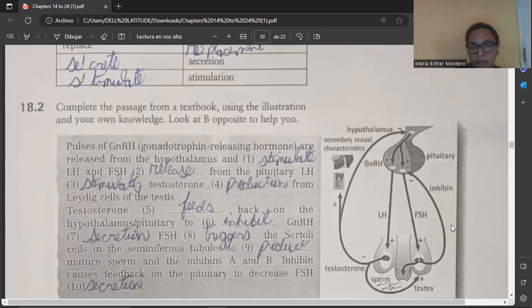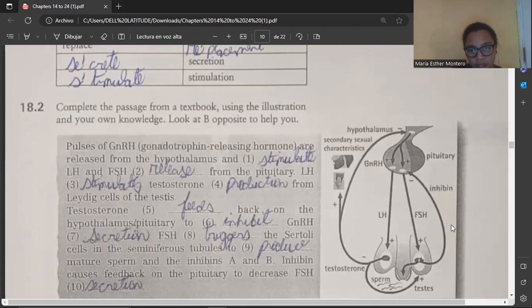LH stimulates testosterone production from Leydig cells of the testes. Testosterone feeds back on the hypothalamus/pituitary to inhibit GnRH secretion.